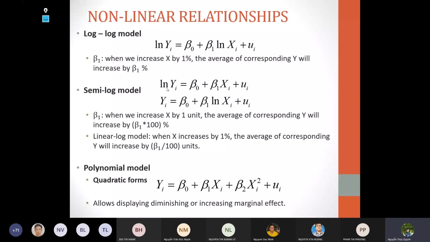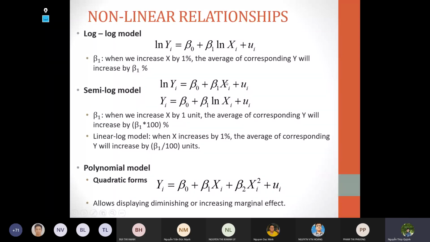And if the variable is in the linear form, then the change in it will be in units. It means that the linear variable here will have a unit change.